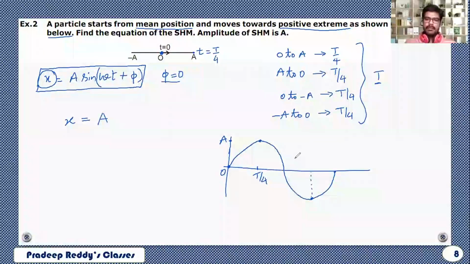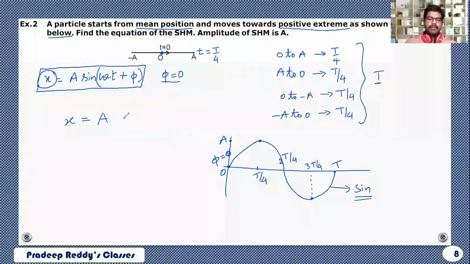This is time T by 4, 2T by 4, 3T by 4 and capital T, and this represents a sine function, right? As initially the particle is starting from mean position, the initial phase is equal to 0. That's the reason why I have taken phi as 0.